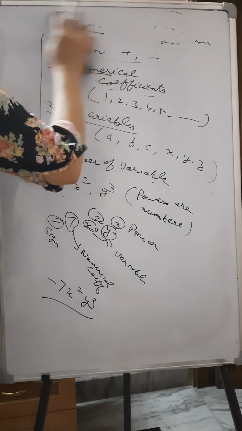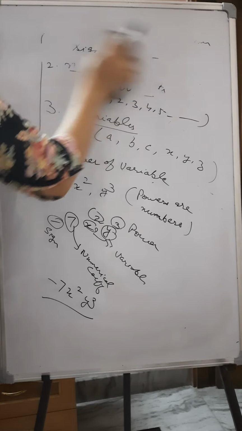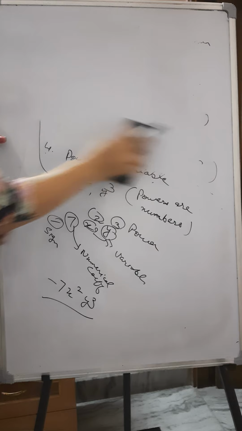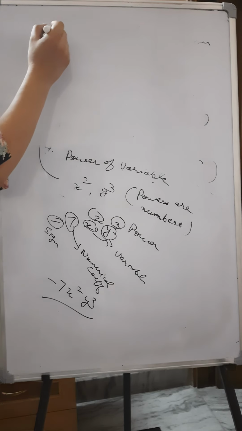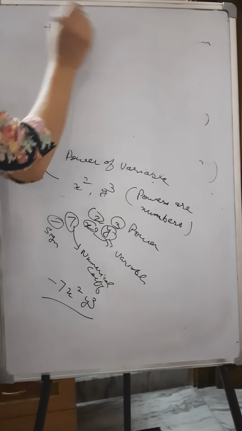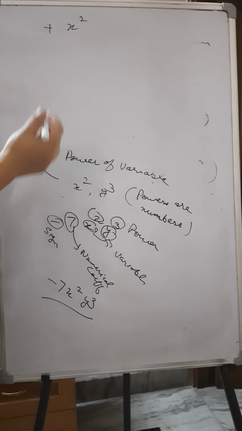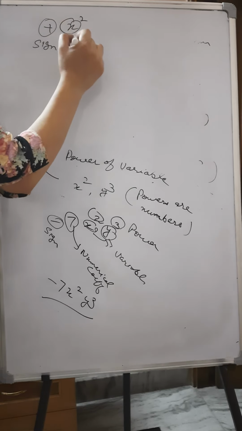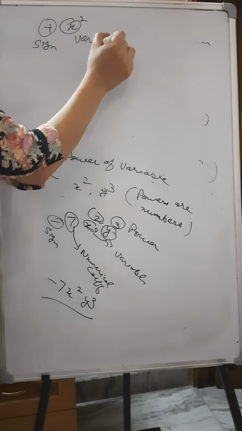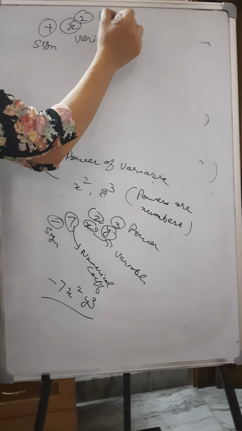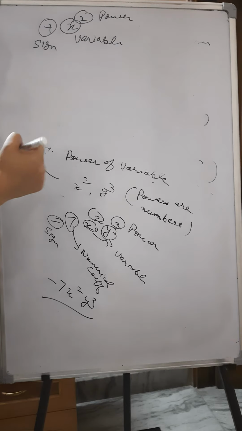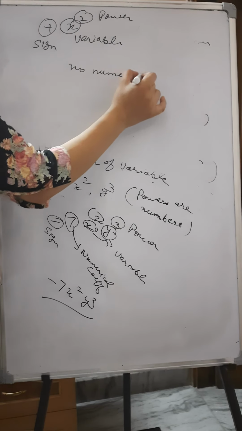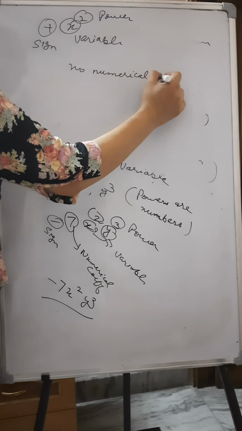If we take plus x square. Now you will say, ma'am, this is the sign, this is the variable, this is the power, but we don't have a numerical coefficient. So is this an incomplete term?